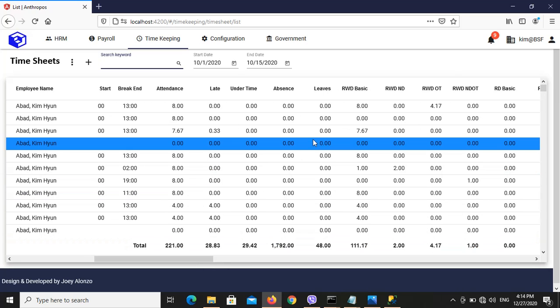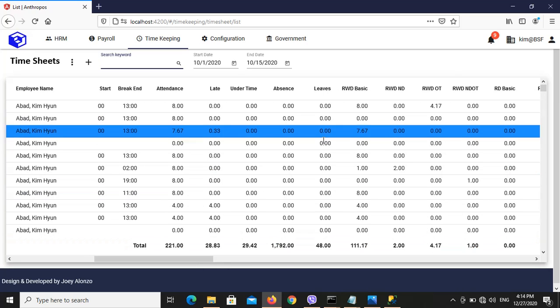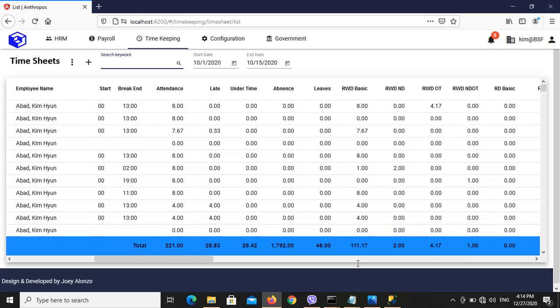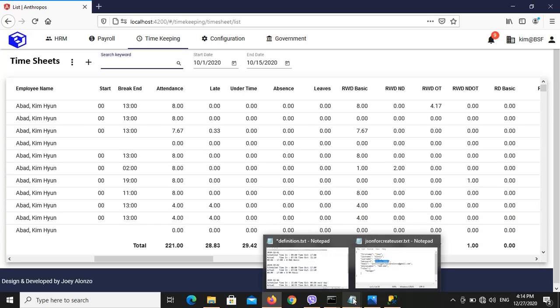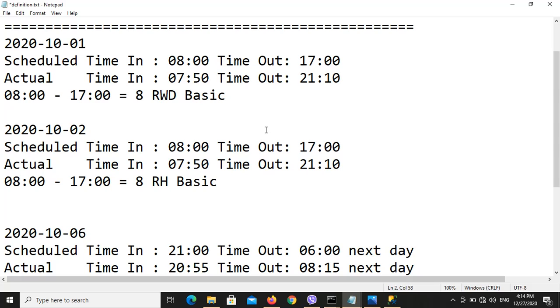So in order for you to understand well, I'd like to give you the analysis of the timesheet generated for Kim Yoon. Okay, so on October 1, 2020, the scheduled timing is from 8 to 5, but the actual timing is 7:50 a.m. and then the actual timeout is 21:10.